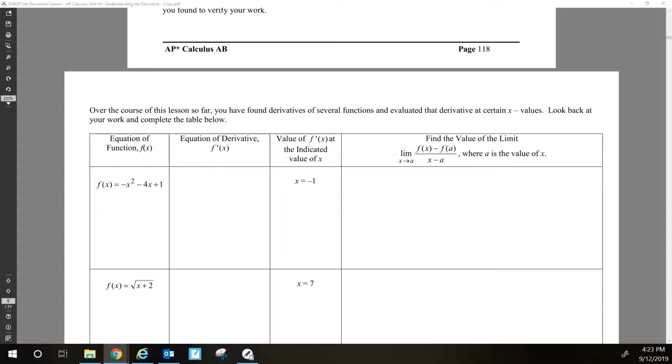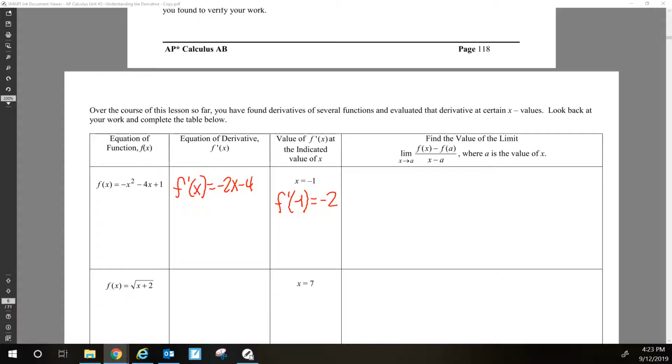So we found the derivatives for these two guys in our work earlier. We found the derivative of this guy here is negative 2x minus 4. So you can go back through your work and find that. We also found that at negative 1, the value of our function here is negative 2 times negative 1, which is 2 minus 4. We said it was negative 2.